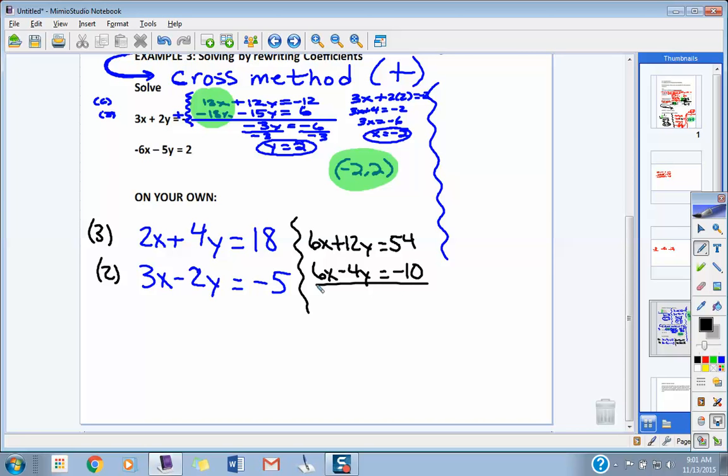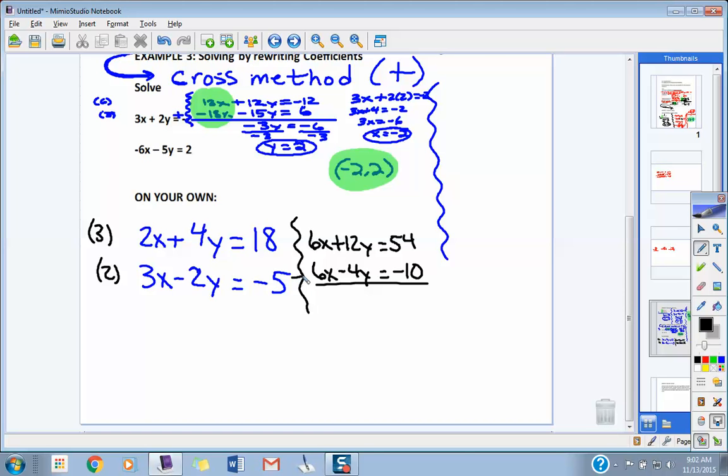Top times 3, bottom times 2. And you'll know that you're on the right track after that first step, because what's true about your 6 x's? They're going to cancel. Addition-wise or subtraction-wise now? Subtraction. Signs are the same, so we have to subtract.